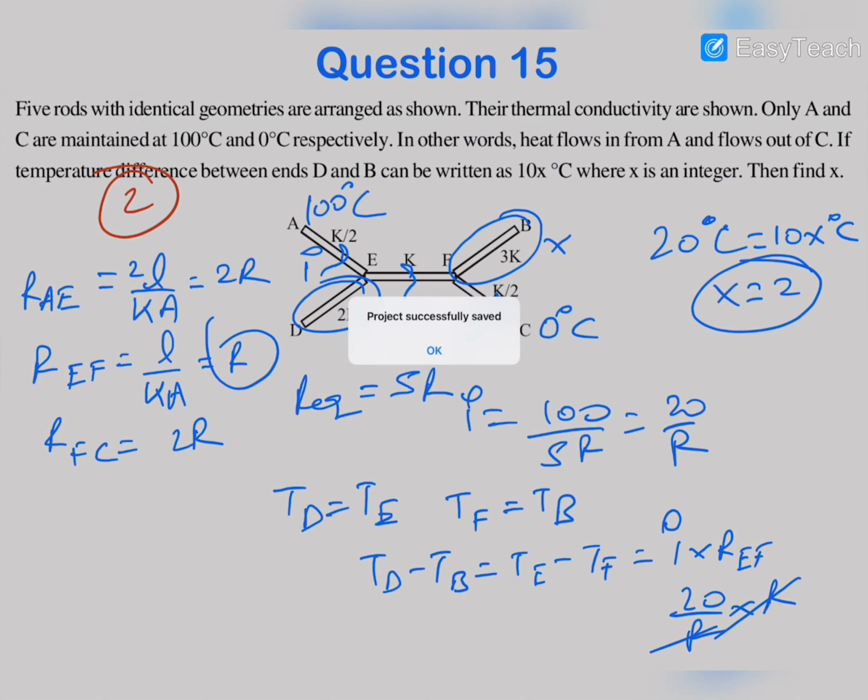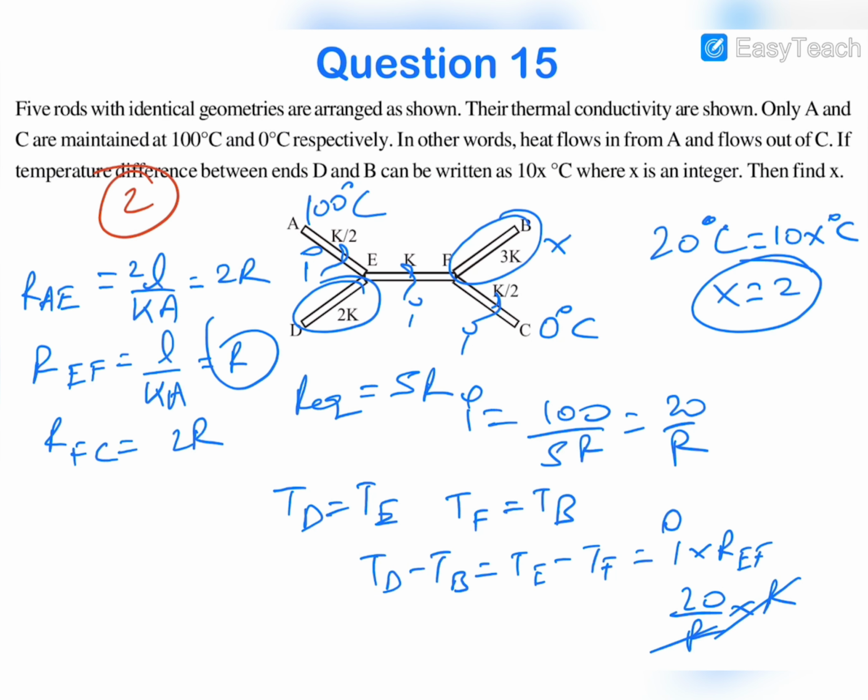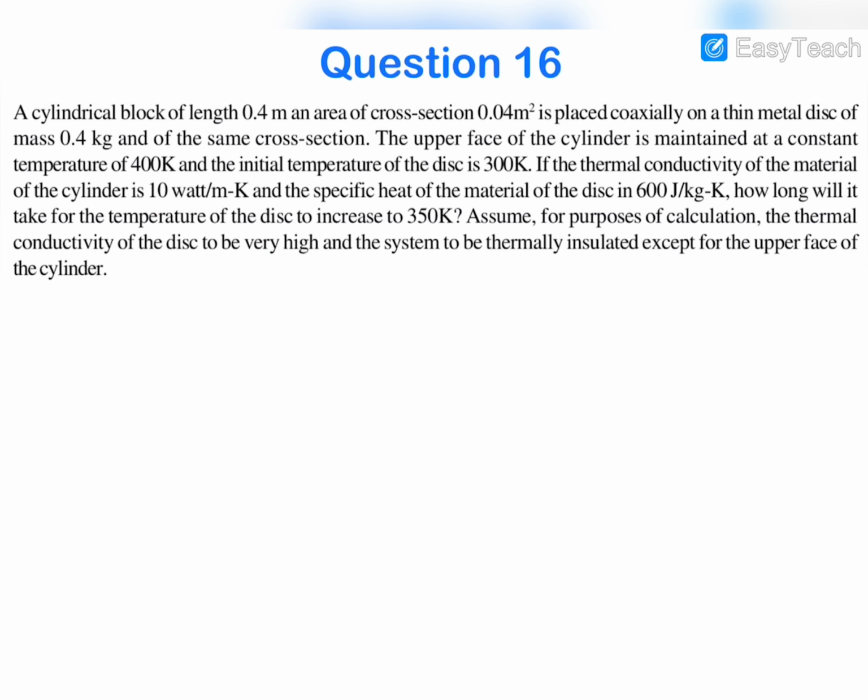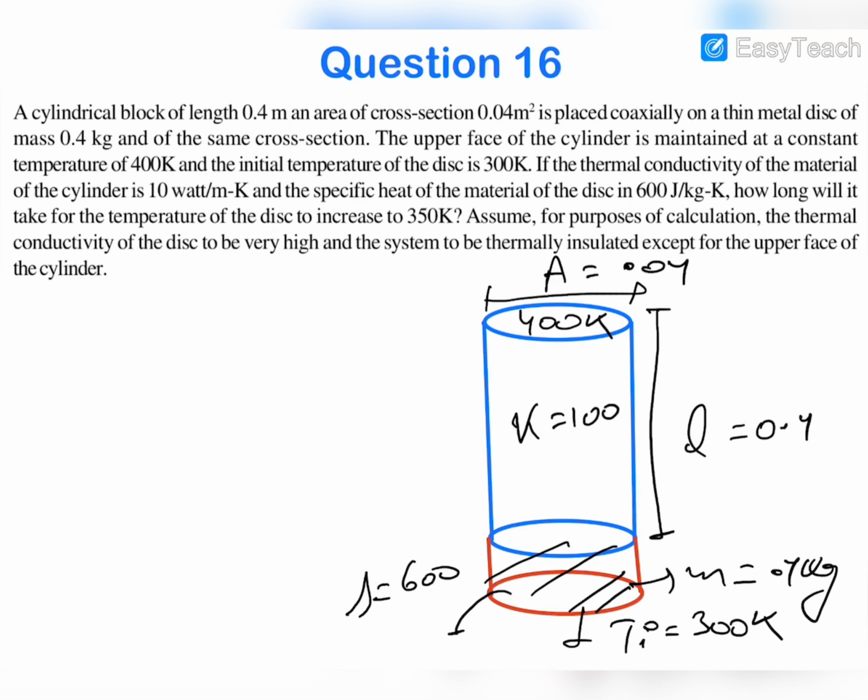Now we move on to the next question. In this question, you can see that there is a cylindrical block of length 0.4 and area of cross section 0.04. It is placed on a coaxial disc of the same cross section, but the mass of the disc is 0.4.